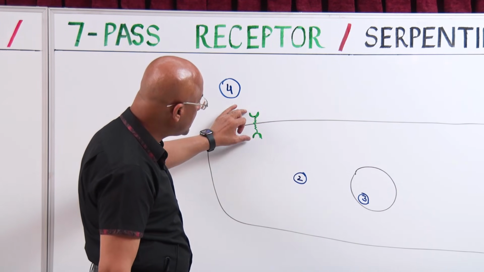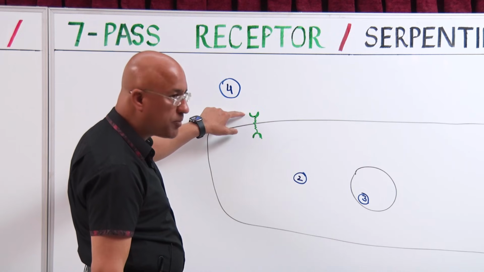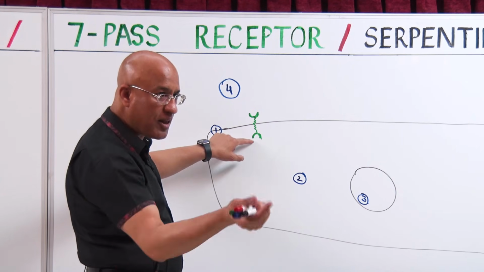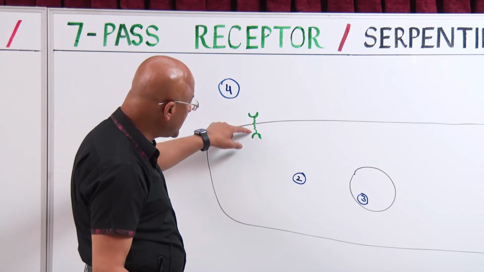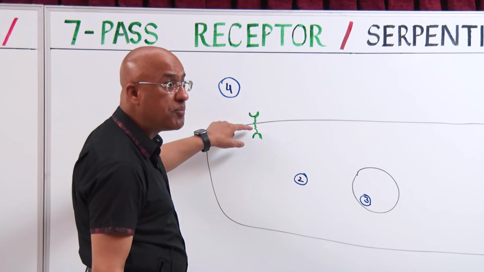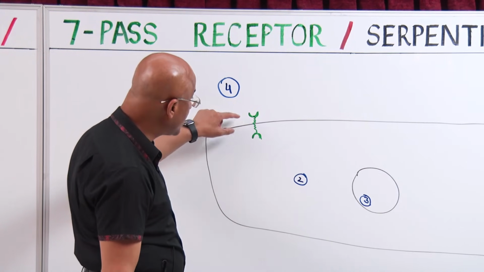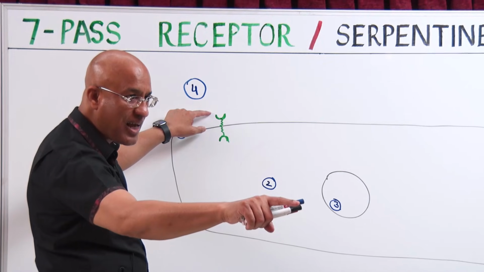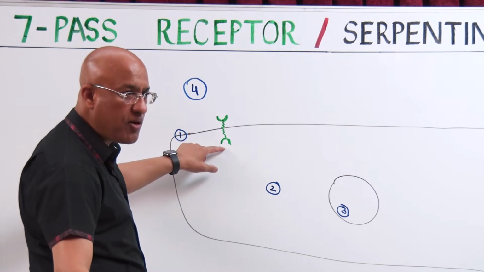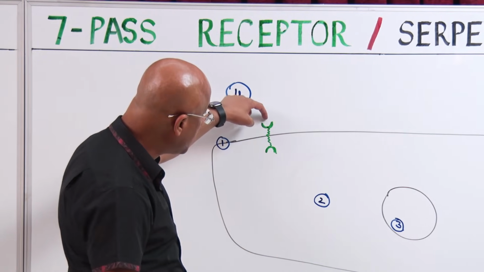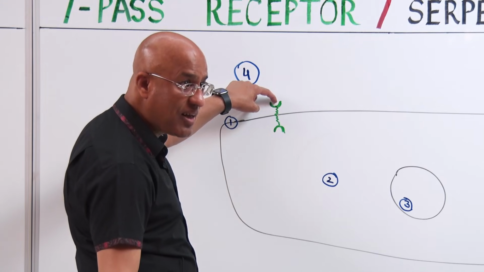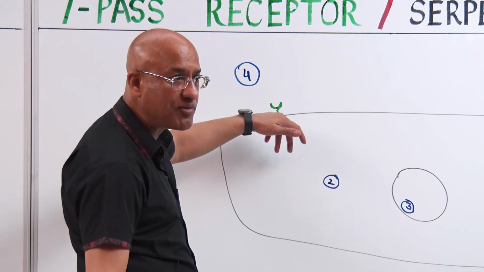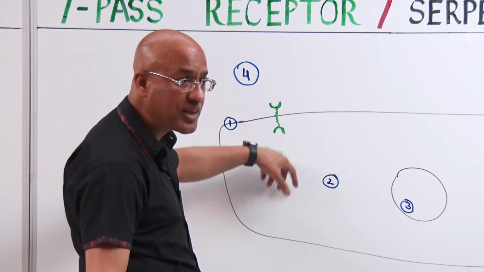So this receptor has one ligand binding domain, one effector domain, and in between there is a transmembrane component. So when ligand binds with the extracellular area, intracellularly it starts some activity, some biological change or some signaling inside.